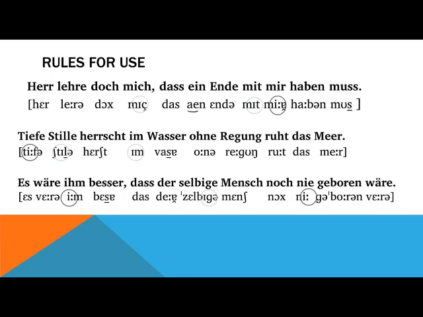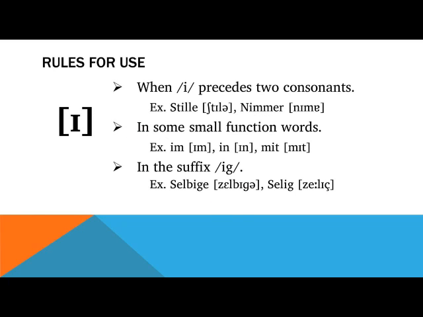And so the rules that we can take from this are: when a written I precedes 2 consonants, like in the word stille and nimmer. And then in some small function words, and these are prepositions and such, im, which means in the, in, which means in, and mit, which means with.